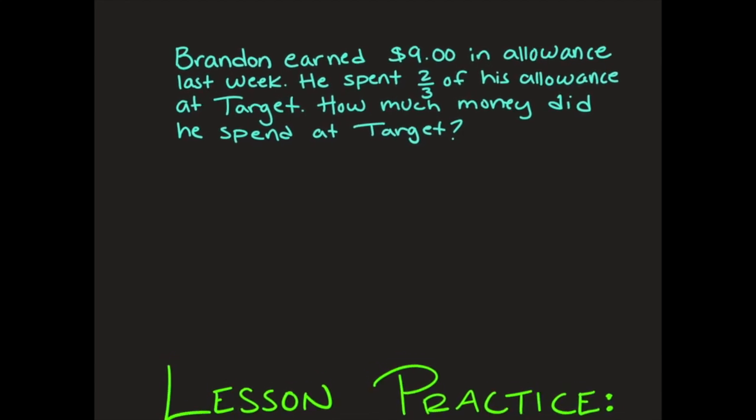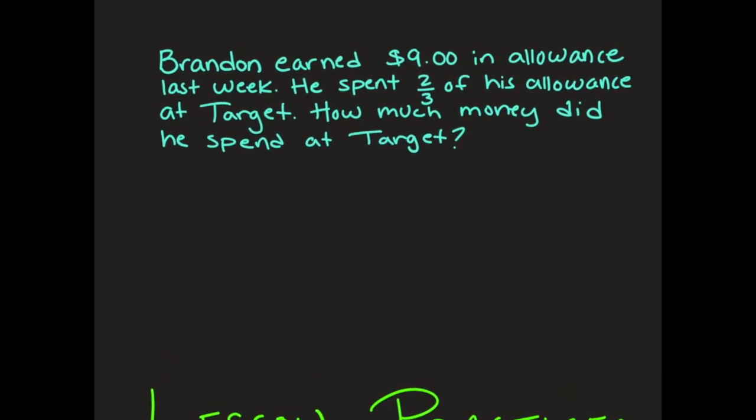Okay, and I'm on to my last example of a problem here. Brandon earned $9 in allowance. I'm going to highlight that $9 last week, and he spent 2/3 of, and there's another key word in that problem, his allowance at Target. How much money did he spend at Target? Especially because I have that word of attached to my fraction, I'm going to keep it that way.